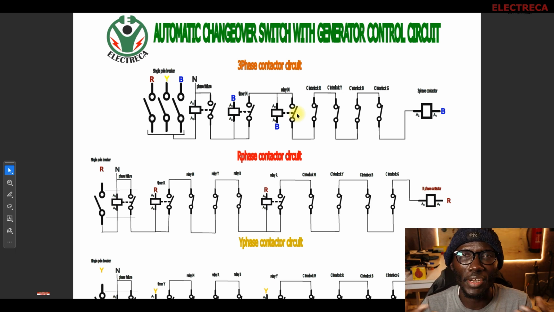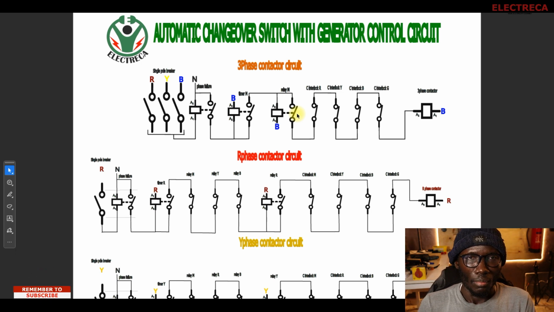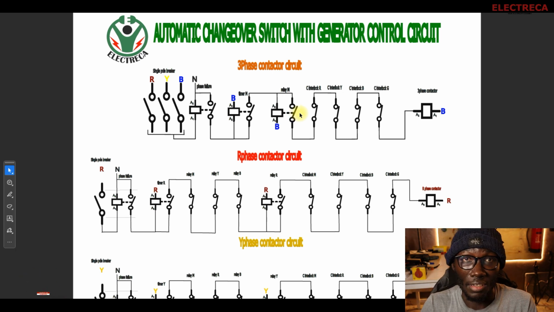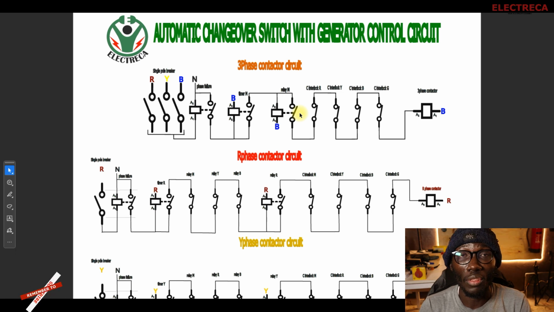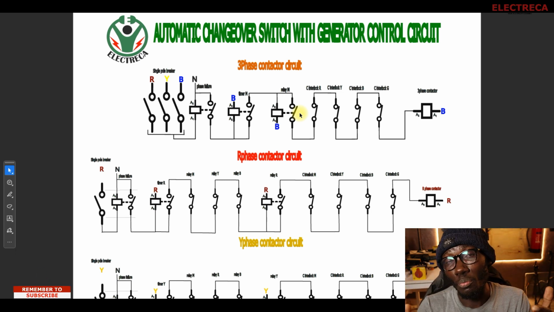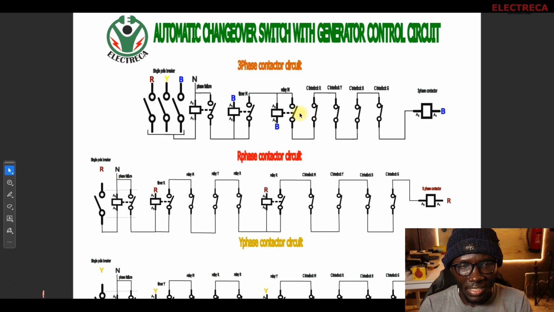Those are the most common relays that are used. Of course, if you look further, or if you get them online, you can find a relay with multiple pins like 12 or 14. But let's say the available relays are 8-pin and 11-pin.